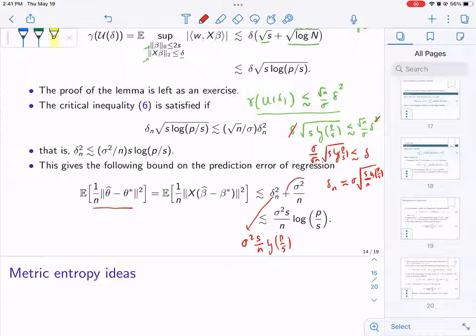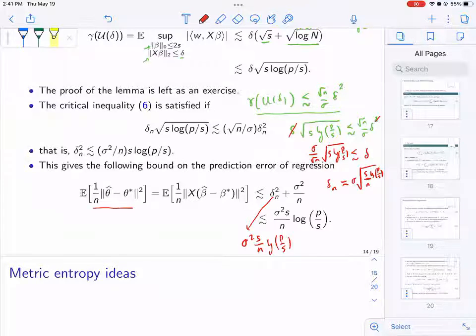And you can see this is bigger than this term, so this is usually the more dominant one. This is the baseline, the parametric rate. Usually in these problems, it's absorbed. So this is controlling the rate. And you can see also that this is equal to this guy, because this is x beta hat and this is x beta star. If you recall, this is the prediction error in regression.